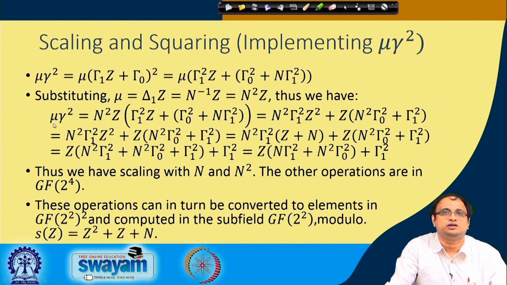And therefore it turns out that mu gamma squared is nothing but, I am writing n squared z, multiplying it with gamma squared, which is gamma 1 squared z plus gamma 0 square plus n gamma 1 square.